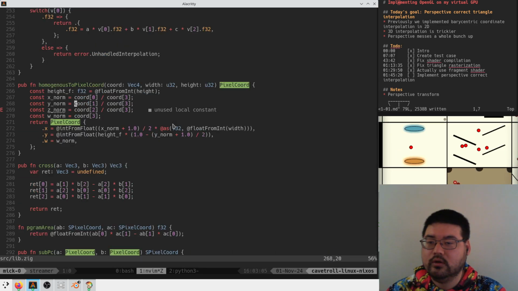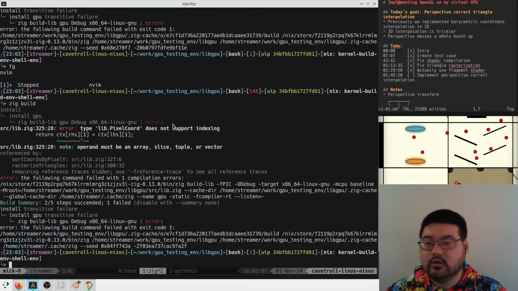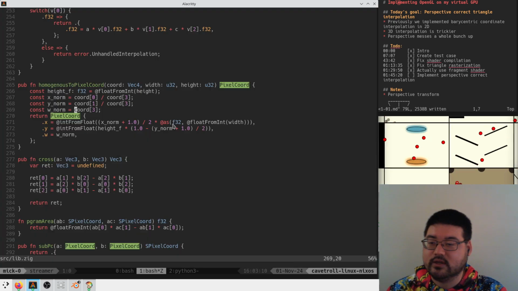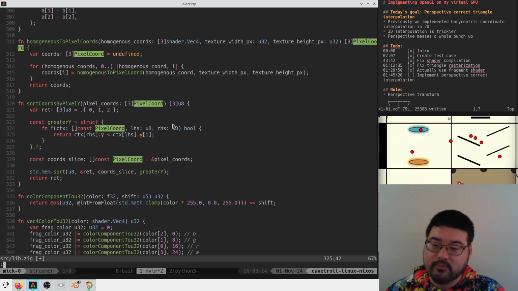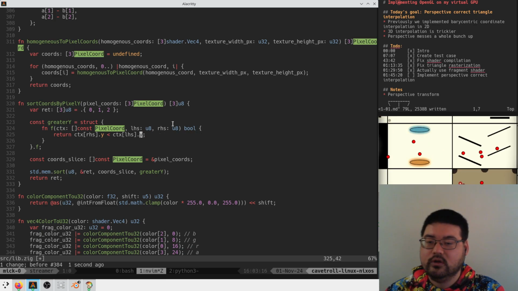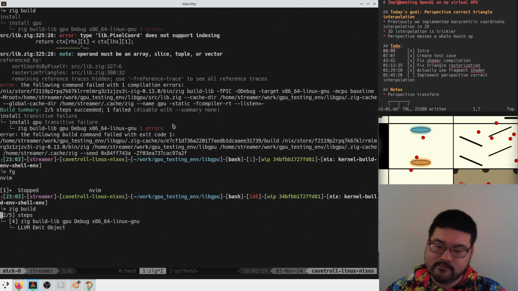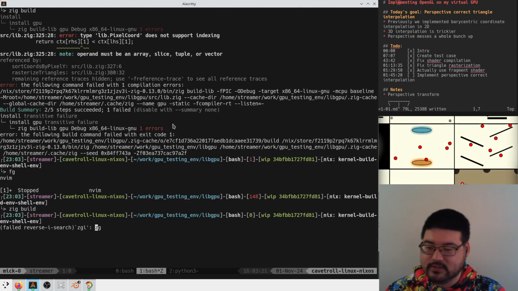Okay. Then pixel coord indexing at 325. So this is Y here when we're sorting pixel values. And let's see what happens.